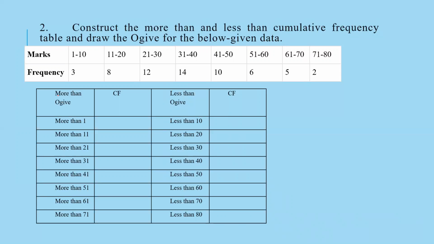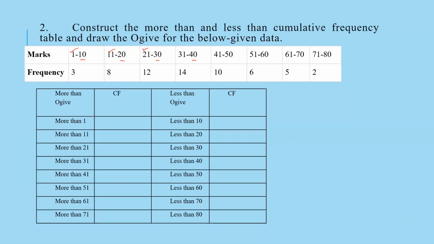So more than ogive, you have to calculate the cumulative frequency, and less than ogive, you have to calculate the cumulative frequency. So more than, so we are going to calculate more than 1, more than 11, more than 21, 31, 41, 51, 61, 71, so on. And in the case of less than, we are going to calculate less than 10, less than 20, less than 30, less than 40, and so on.